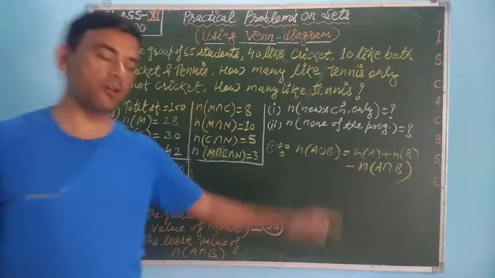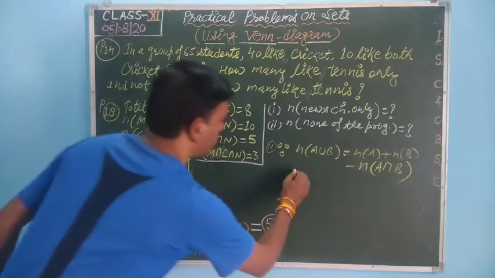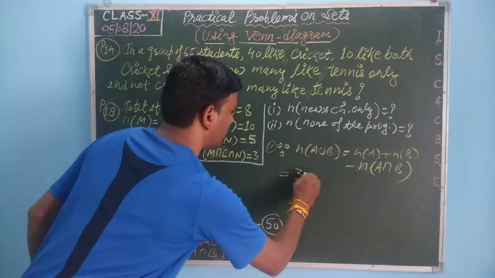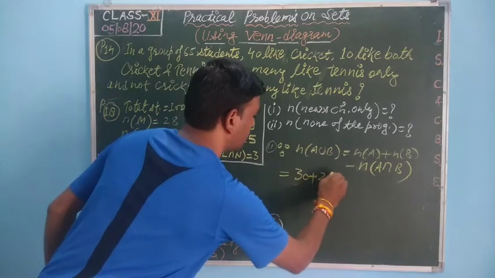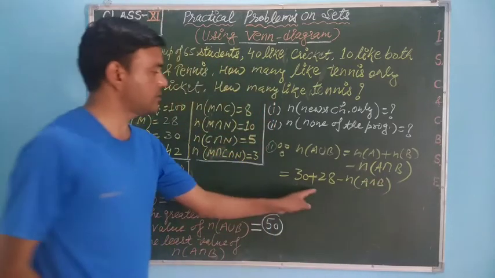We have already discussed this formula. So see here, n(A) is given as 30, plus n(B) is given as 28, minus n(A intersection B).